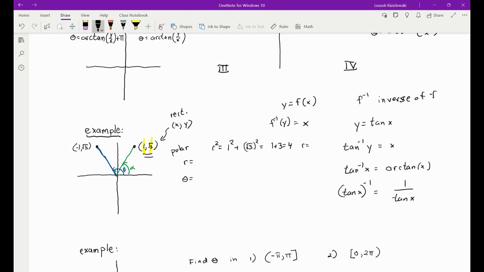So r is going to be either plus or minus 2, and I'm just going to take the positive measure, 2. And since here the x coordinate of our point is 1, it's positive, I can just use my arctangent formula. We're in the first quadrant.